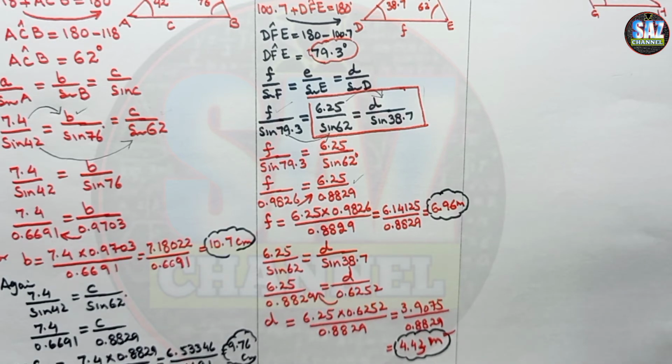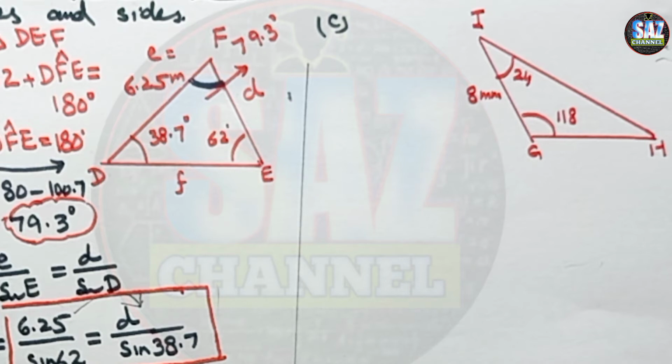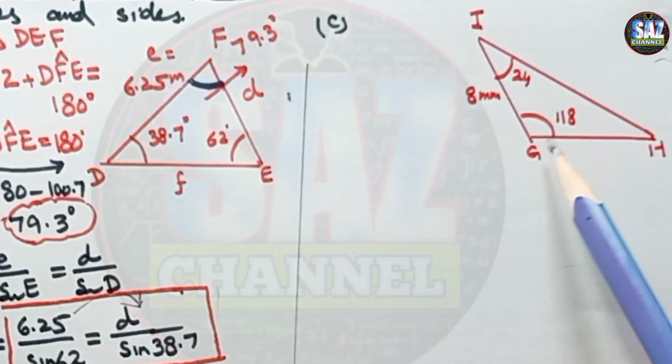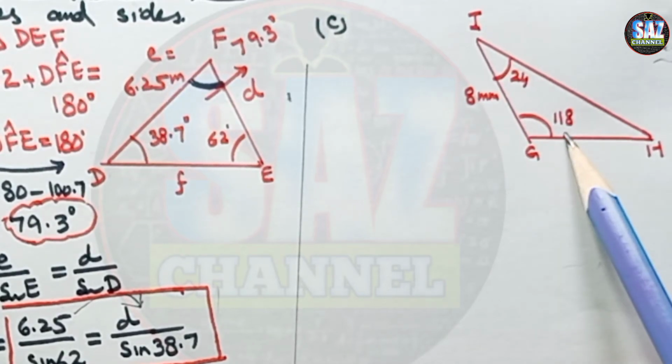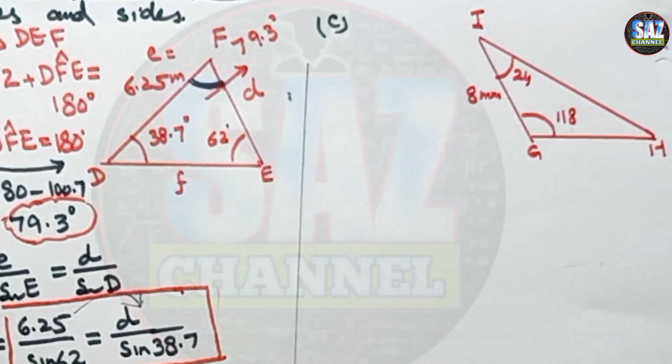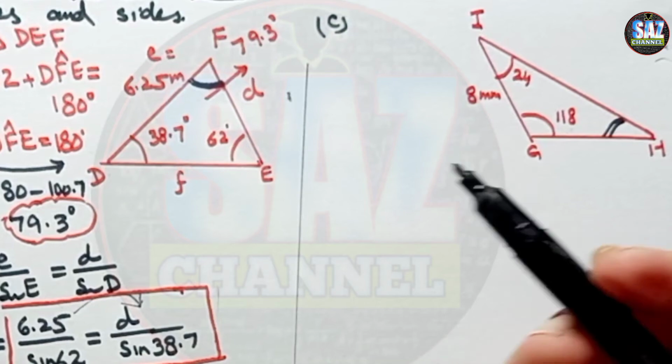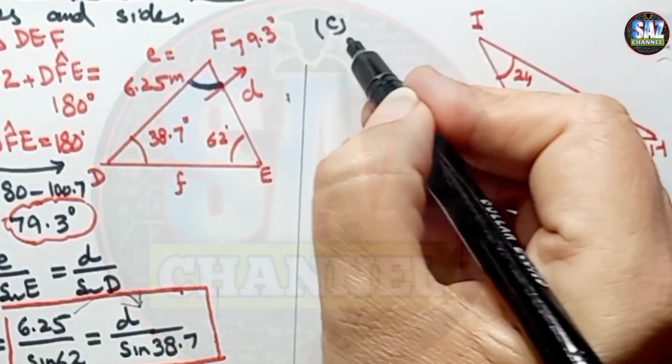Really easy questions. In the next question, the given triangle is GHI. One of the angles at the vertex I is 24 degrees, and at G is 118 degrees, and the unknown angle here is H. So let's quickly find angle H by using the sum of interior angles of a triangle.